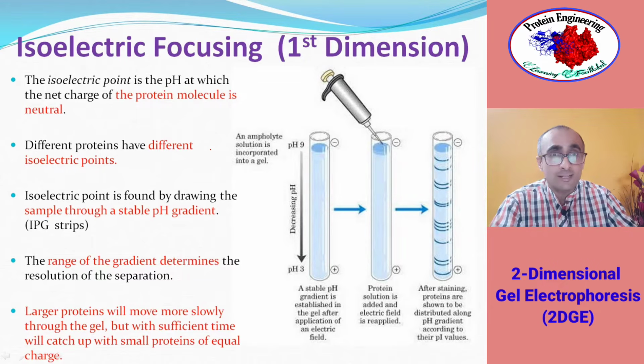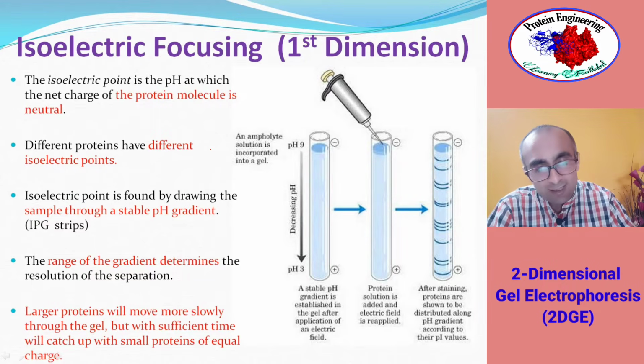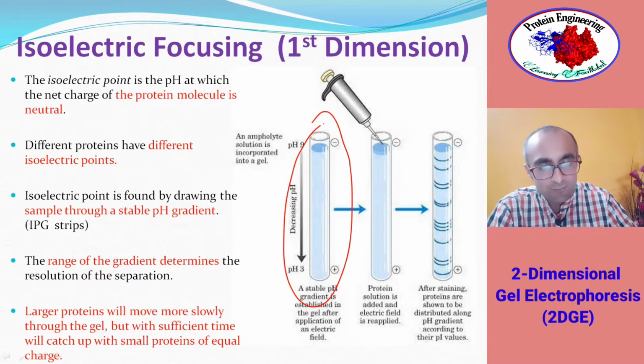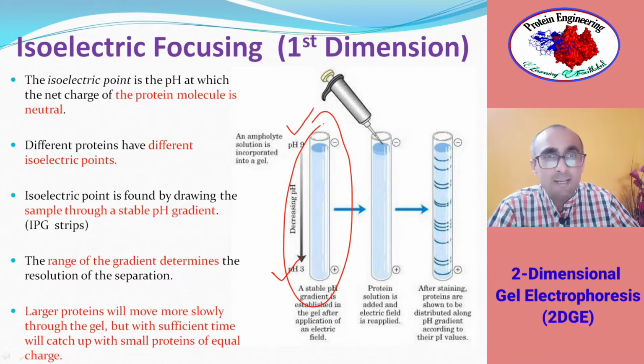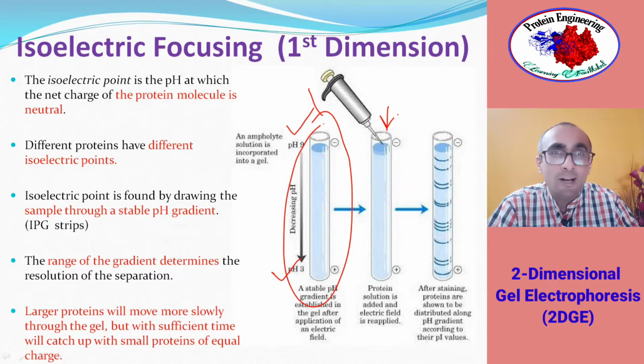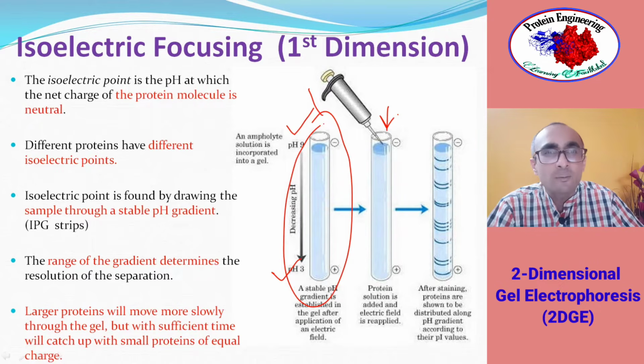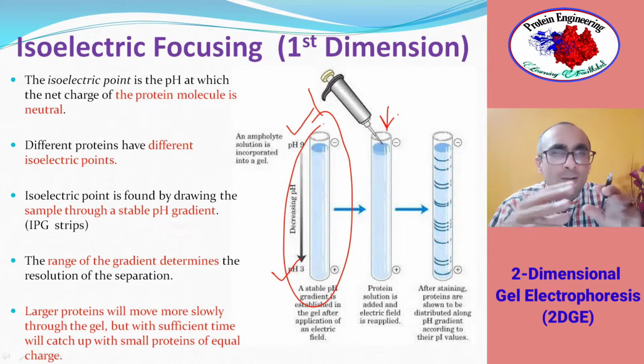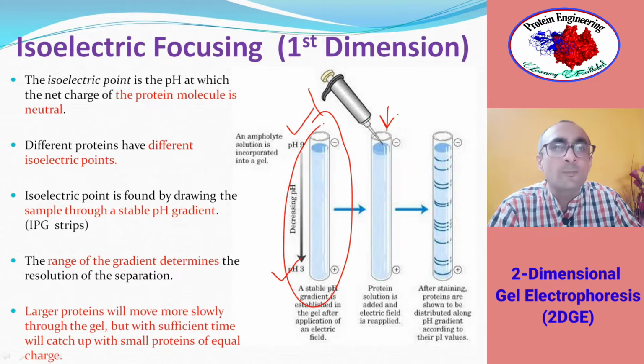In isoelectric focusing, a pH gradient is made in a tube. For example, here it is pH 3 to pH 9, and the protein sample is loaded in the pH gradient at the negative electrode and at very high pH, because the proteome is composed of all types of proteins: acidic, basic, neutral.